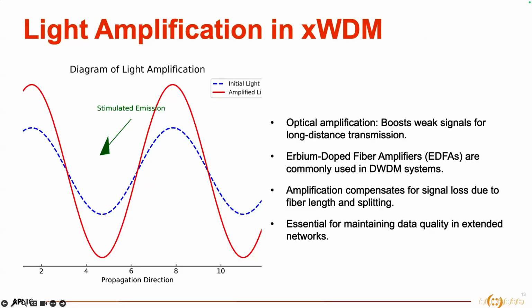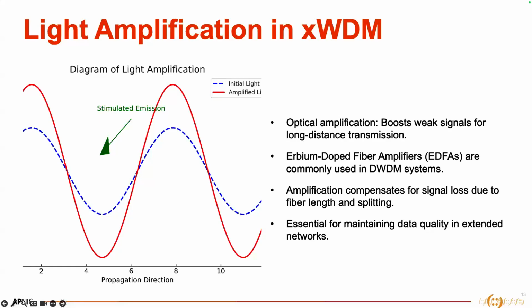And another concept of using light in DWDM is about amplification. As time and distance goes by, the optical signal becomes weak with traveling time and distance over the media, right?